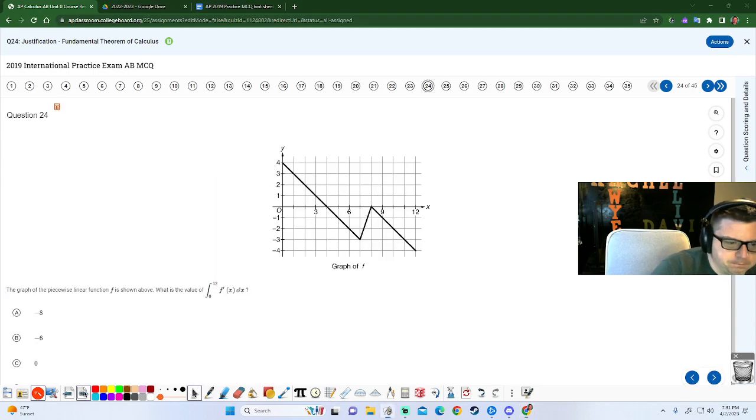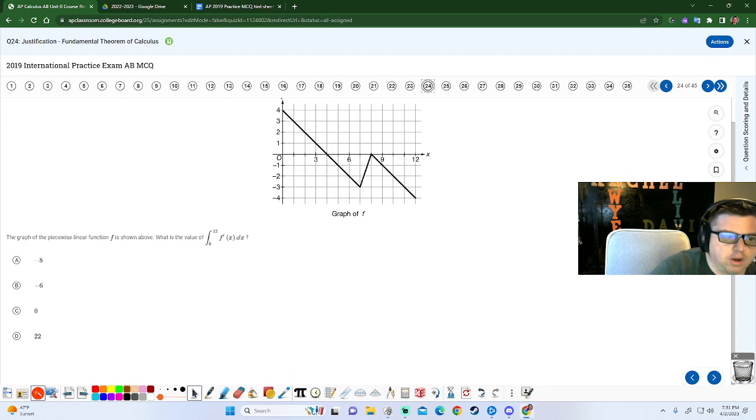So here we go. The graph of a piecewise linear function f is shown above. So here's a piecewise linear function. We have a line here from 4 to 7, and then 7 to 8, and then 8 to 12. Okay? So what is the value of the graph of the piecewise function? Oh, so we want to integrate this.